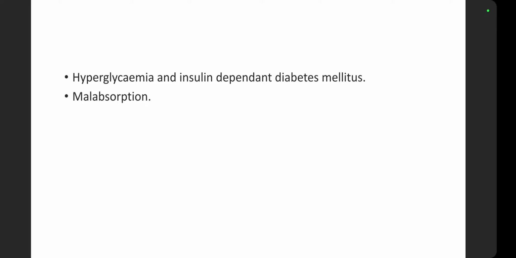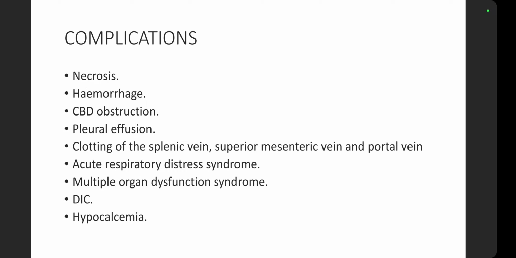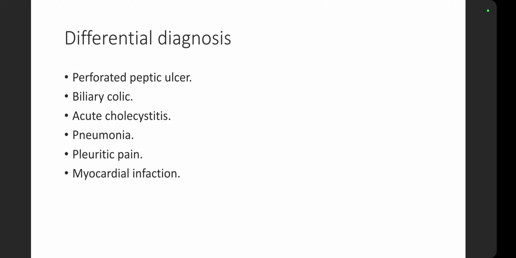They'll be unable to be produced, and then because of that we are going to have insulin dependent diabetes. And then there's one point, there will be clotting of the splenic vein, superior mesenteric vein and portal vein.